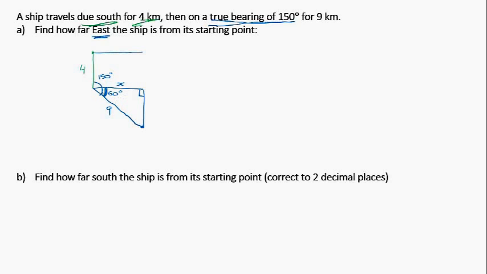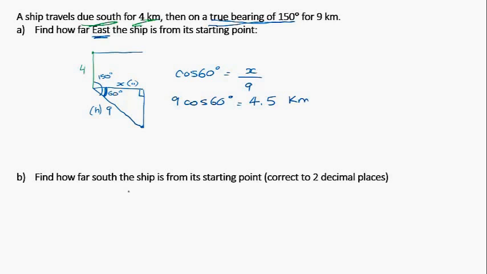Now I can use SOHCAHTOA: that angle is 60, x is the adjacent side, and 9 is my hypotenuse. So I'm going to use my cosine ratio. Cos 60 equals x divided by 9. To work out x, I do 9 times cos 60 degrees, and putting that in my calculator, I get 4.5 kilometers. So the ship is 4.5 kilometers east of where it started.